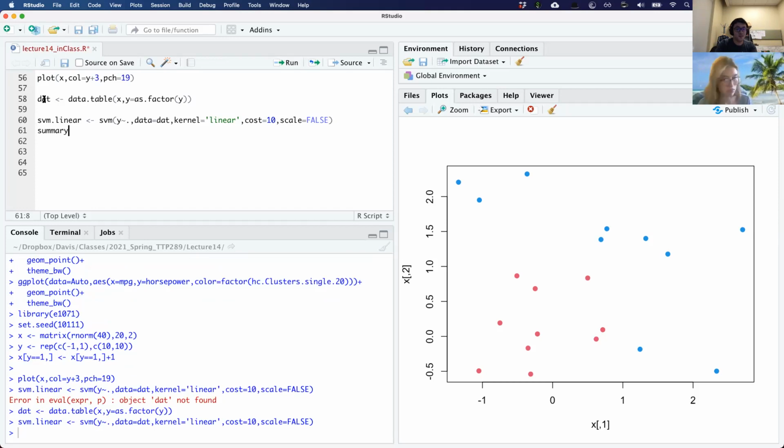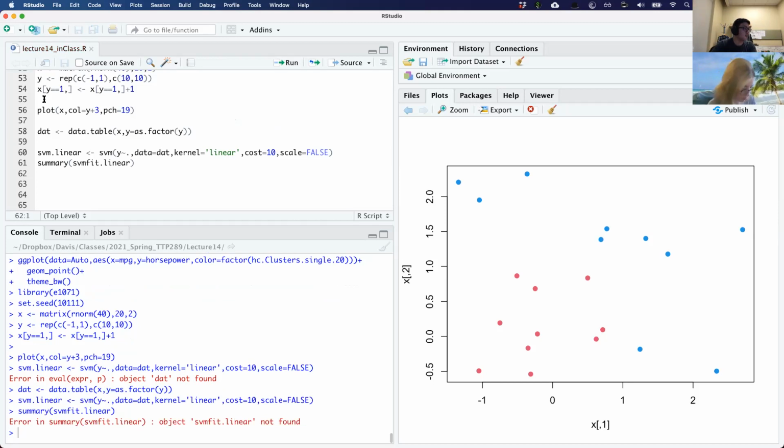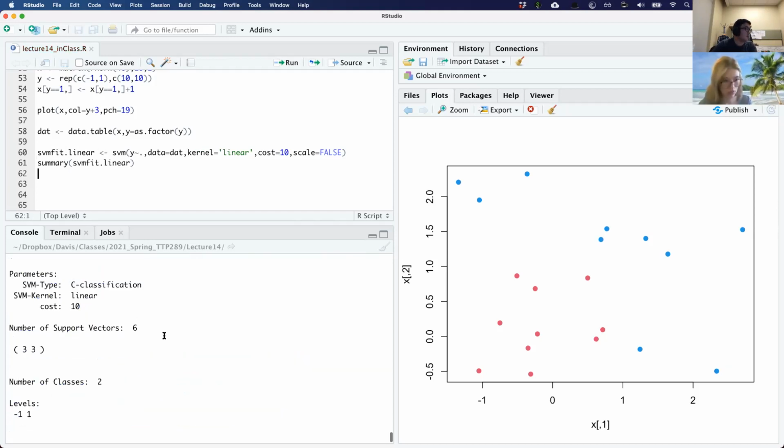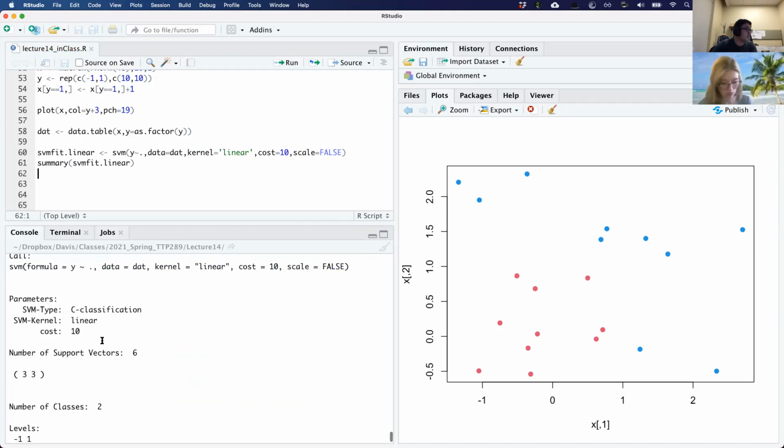And let's do a summary of the SVM fit.linear. I'll do it like this. Okay. So it tells you number of support vectors, 6. That's the number of points holding up the line.